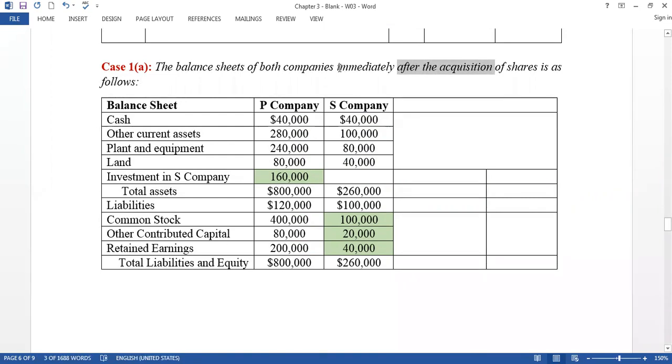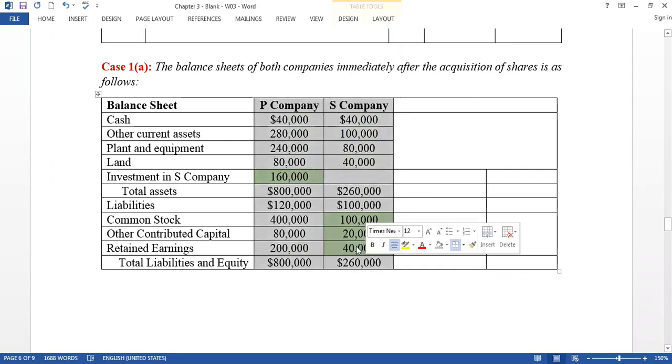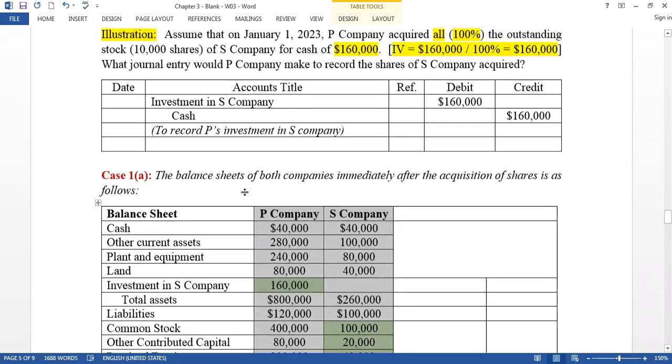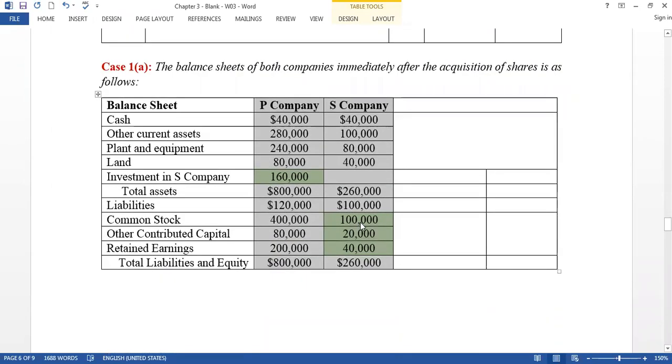So at the time of acquisition, this is the parent company's assets, liabilities, and equity, and this is the subsidiary company's assets, liabilities, and equity. So you are given this information. Based on this information and the first part of the question, we are going to see whether there is any difference between implied value and book value.